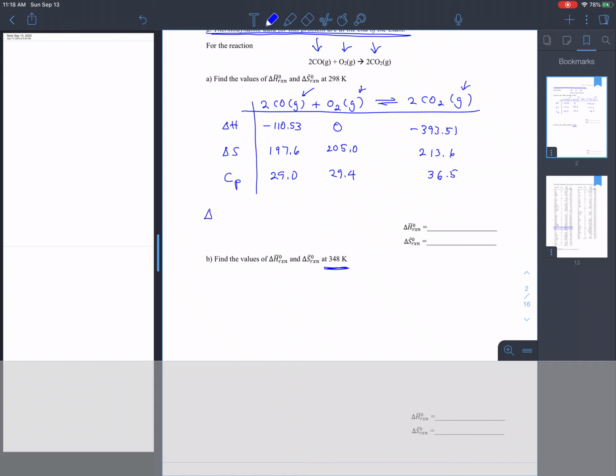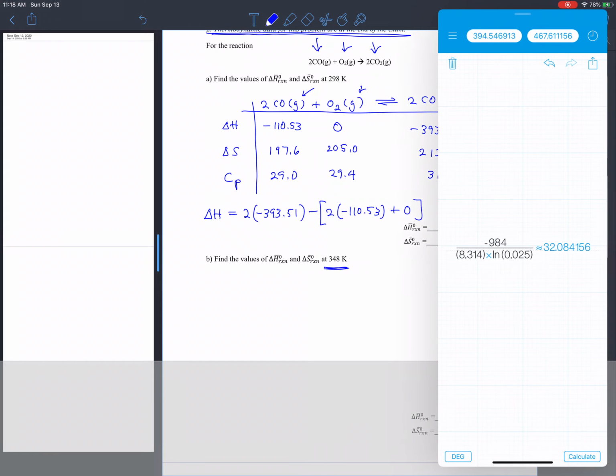Now let's calculate delta H. That's products minus reactants weighted by stoichiometric coefficients. So it's 2 times the CO2 value, minus 393.51, minus 2 times the CO value, minus 110.53, plus the O2 value, which is 0.